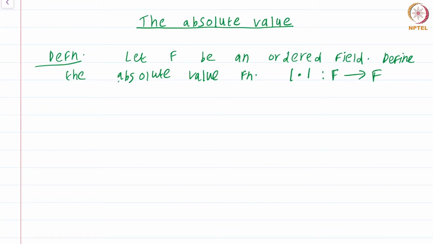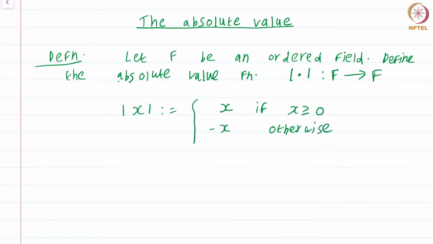That's supposed to denote where the function is plugged in. This is sort of a weird notation for a function, but it is commonly used in mathematics. The definition is: mod x is defined to be equal to x if x is greater than or equal to 0, minus x otherwise.